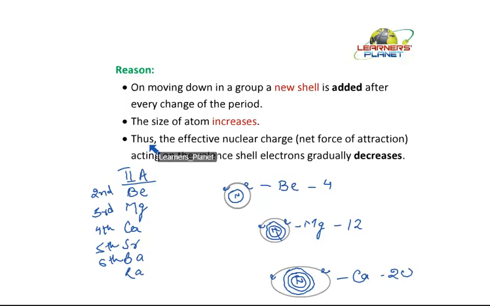Thus, the effective nuclear charge, which is the net force of attraction acting on the valence shell electrons, gradually decreases. Now what do you mean by this effective nuclear charge?